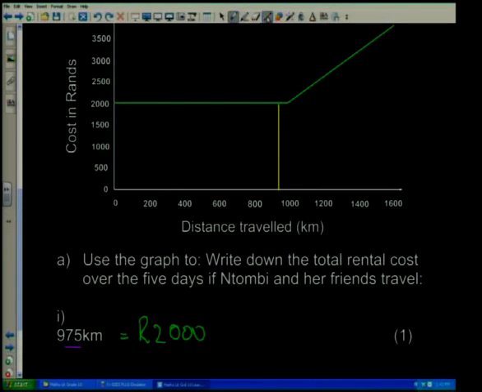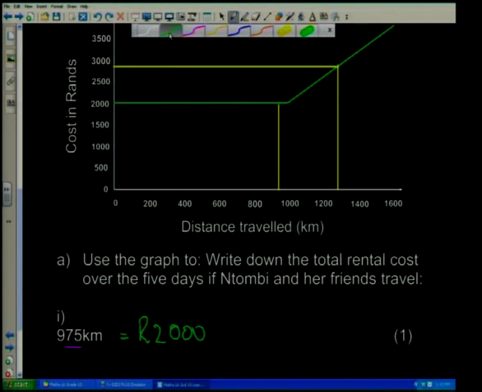If she travels 1,300 kilometers, I think that's a little bit harder. Right, 1,300 is between 1,200 and 1,400. We draw a line up, and from that we draw a line across, and we read off our graph, and it's just under 3,000. So I'm going to take a guess as to what that is.